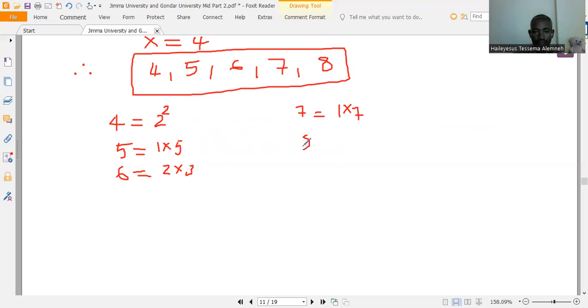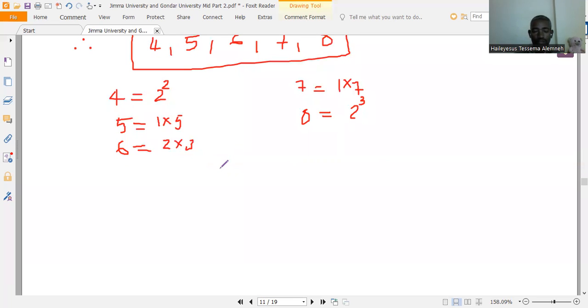And 8 ስንጽፈው 8 is 2 to the power of 3, which is 4 times 2 ማለት ነው። 4 ማለት ደግሞ 2 to the power of 2 ነው, which is 2 to the power of 3.